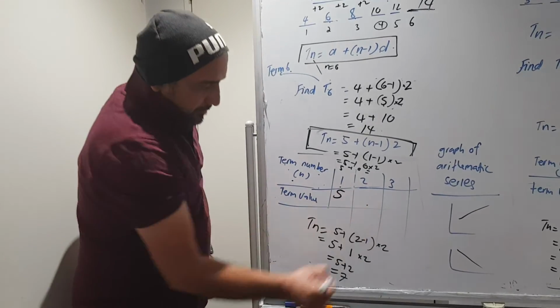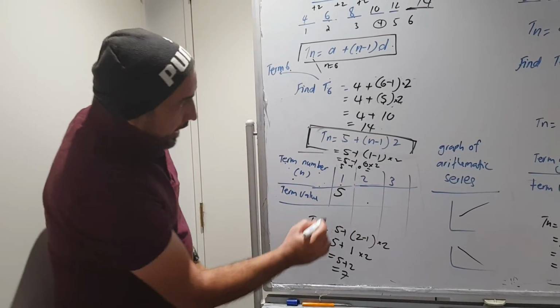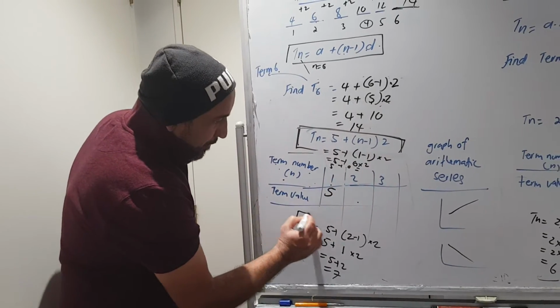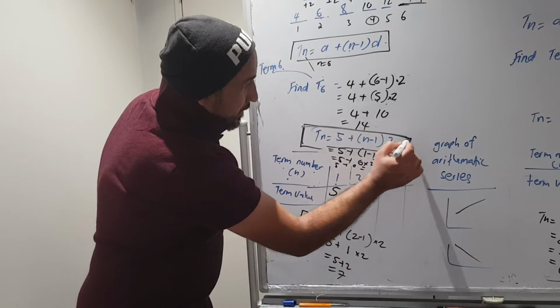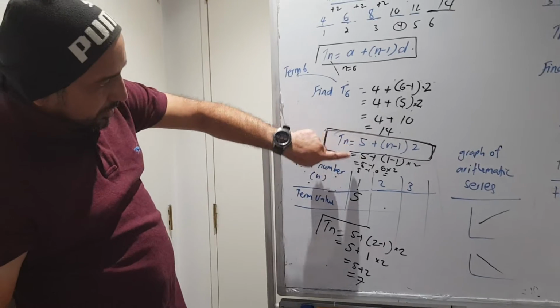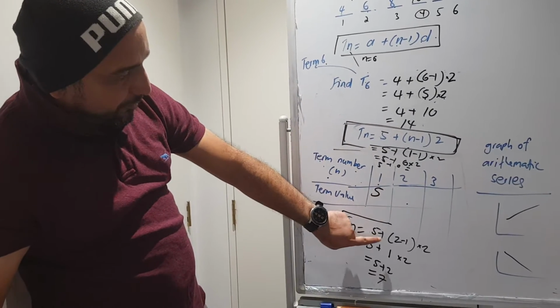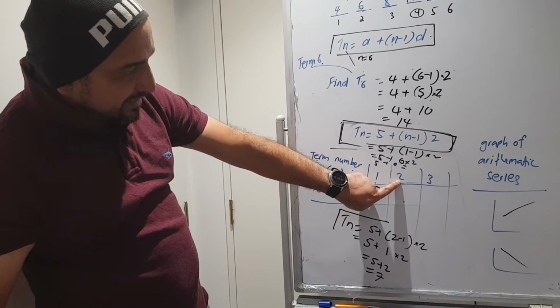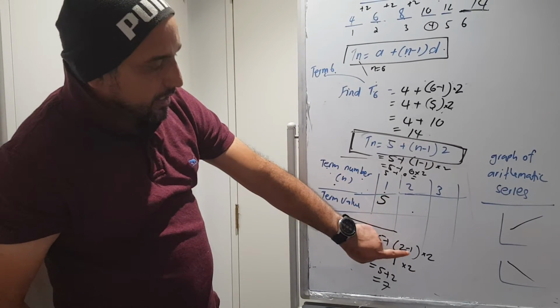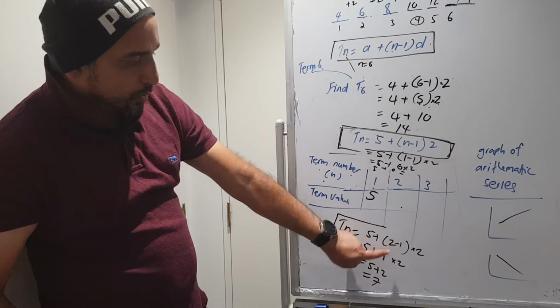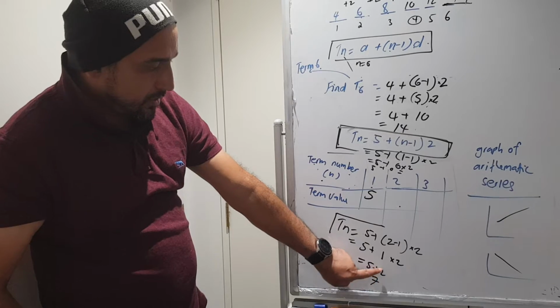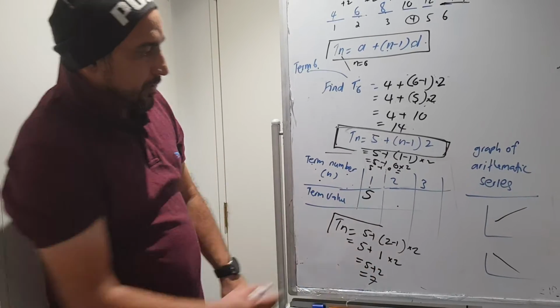Let's do the second term. As I said, this is the general formula that is given to me. So 5 plus, I'm finding my second term, so 2 minus 1 times 2. 2 minus 1 is 1, 1 times 2 is 2, plus 5 is 7.